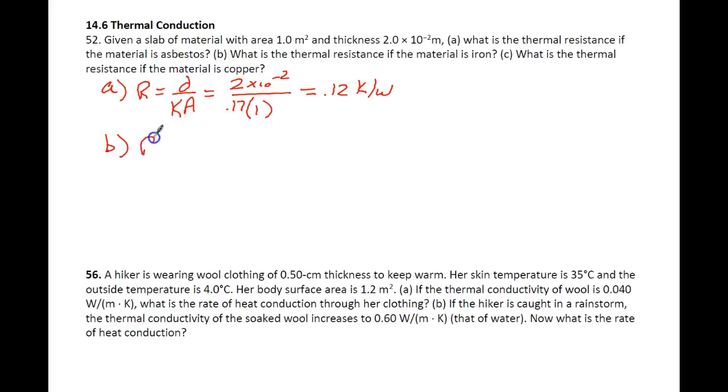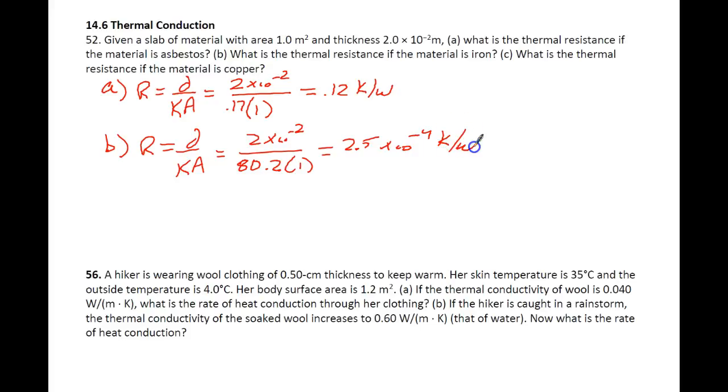For letter B, our value is equal to the same thing again. And so we have 2 times 10 to the negative second. But this time, for iron, we would have a value of 80.2 times 1. And that would be 2.5 times 10 to the negative fourth Kelvin per watt.